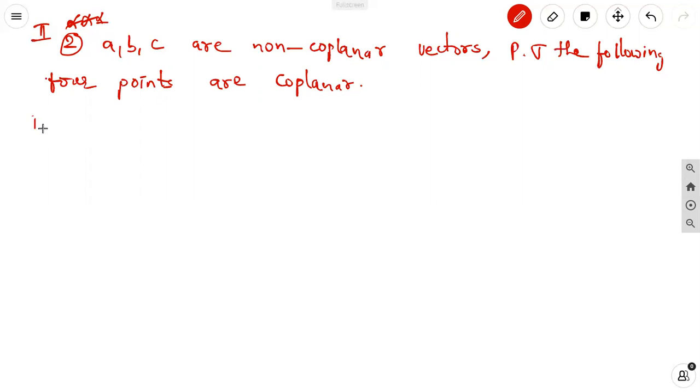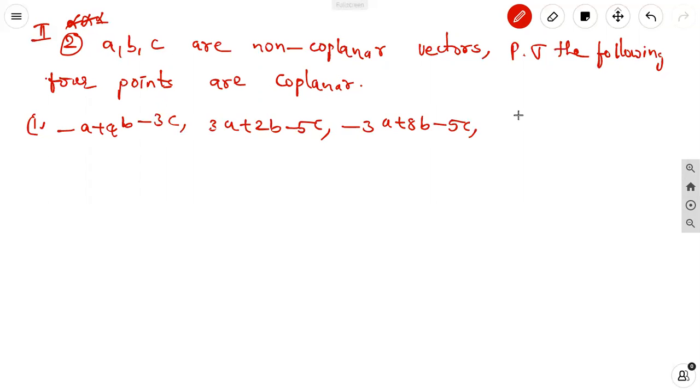The first one is minus a plus 4b minus 3c, 3a plus 2b minus 5c, minus 3a plus 8b minus 5c, minus 3a plus 2b plus c.